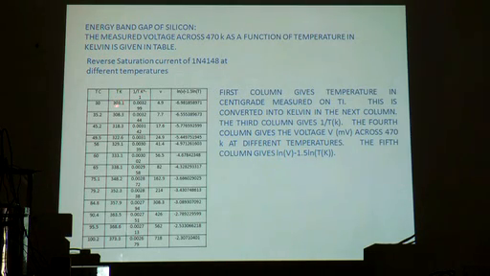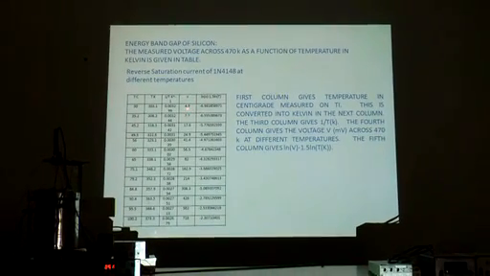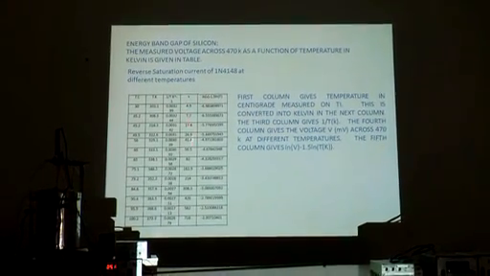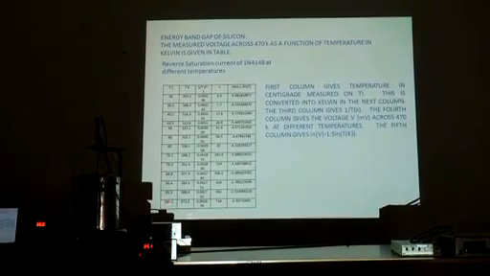The fourth column gives you the voltage across 470 K measured on the multimeter 2, starting at 4.9 millivolts and increasing to 718 millivolts at 100.